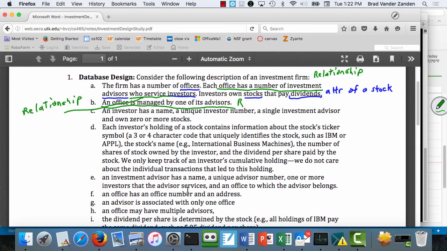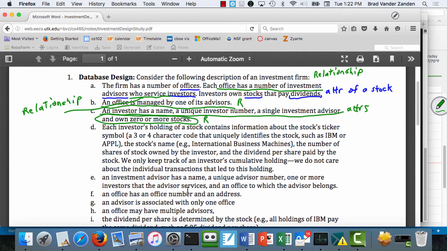Okay, C: an investor has a name, a unique investment number, an investment advisor, and owns 0 or more stocks. So, what does C seem like? Certainly some of these are attributes. But this is more like a relationship.